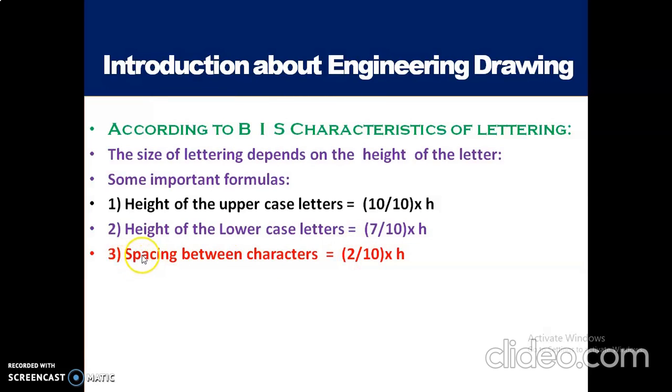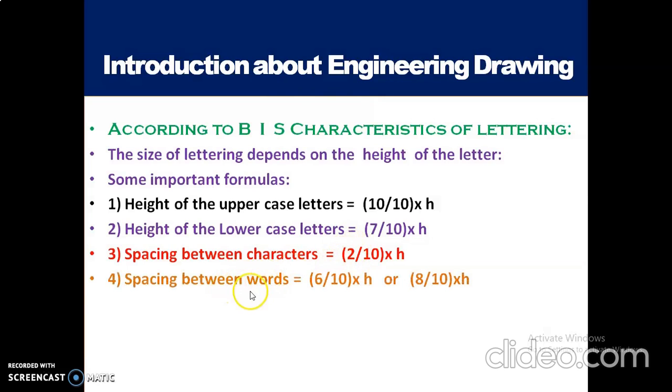That is the spacing. The formula is 2 by 10 into H; if we take H as 10 mm, the 10 gets cancelled and the remaining value 2 indicates the spacing between two characters, that is 2 mm.